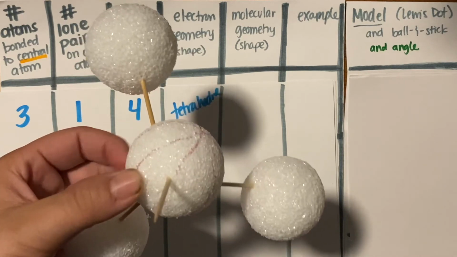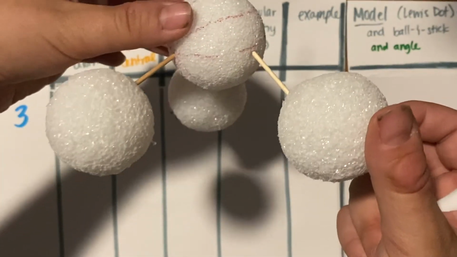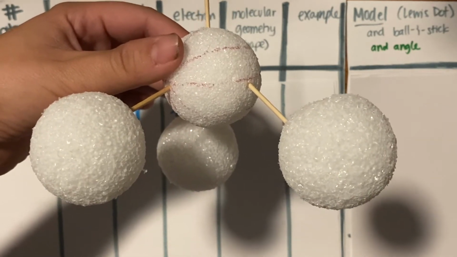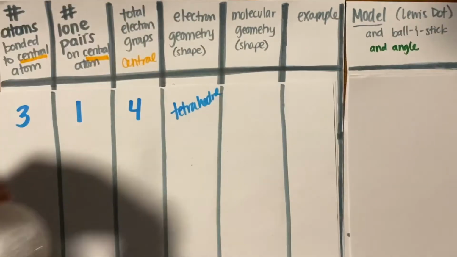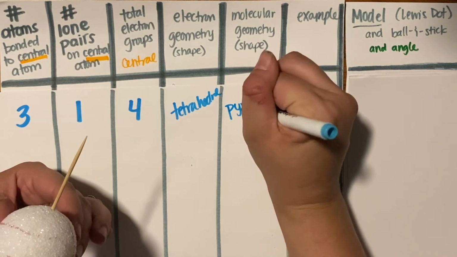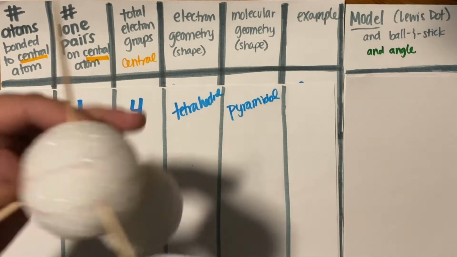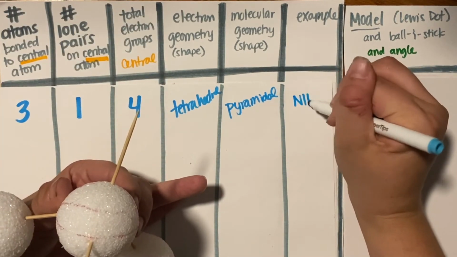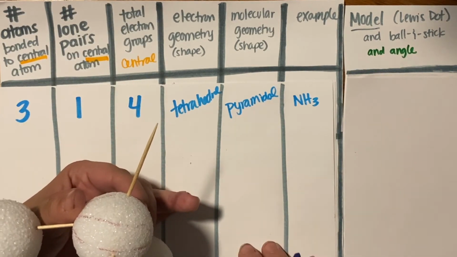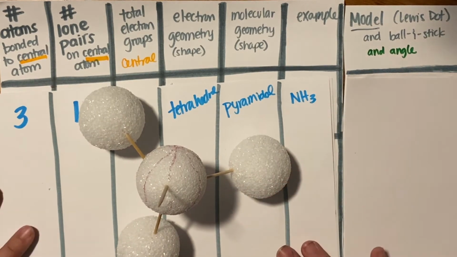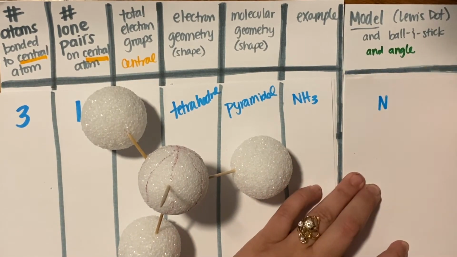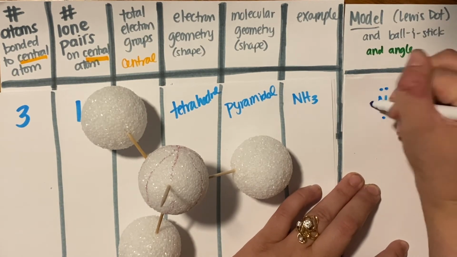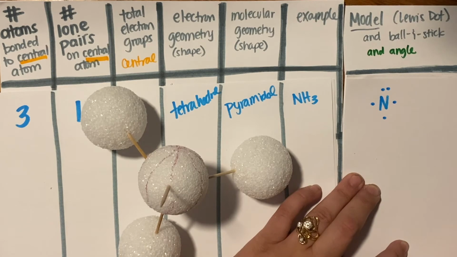So instead, what this kind of looks like, if you can see that, is a pyramid. And that's exactly the shape that we call it. We call this pyramidal. So this shape is a pyramidal shape. And the most common example of that would be ammonia. So if I was going to draw out NH3, nitrogen has 5 valence electrons, one lone pair, and 3 singles, right?